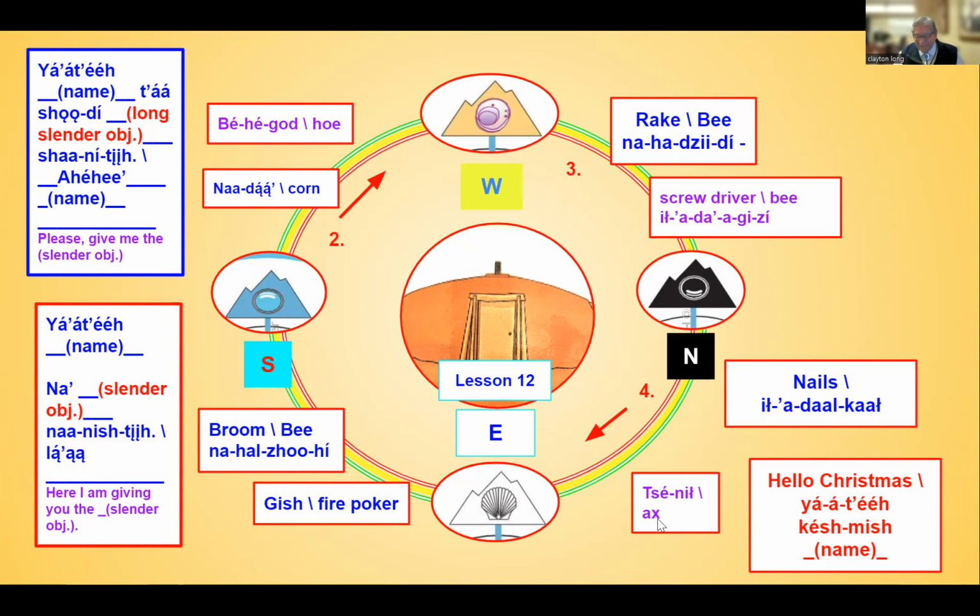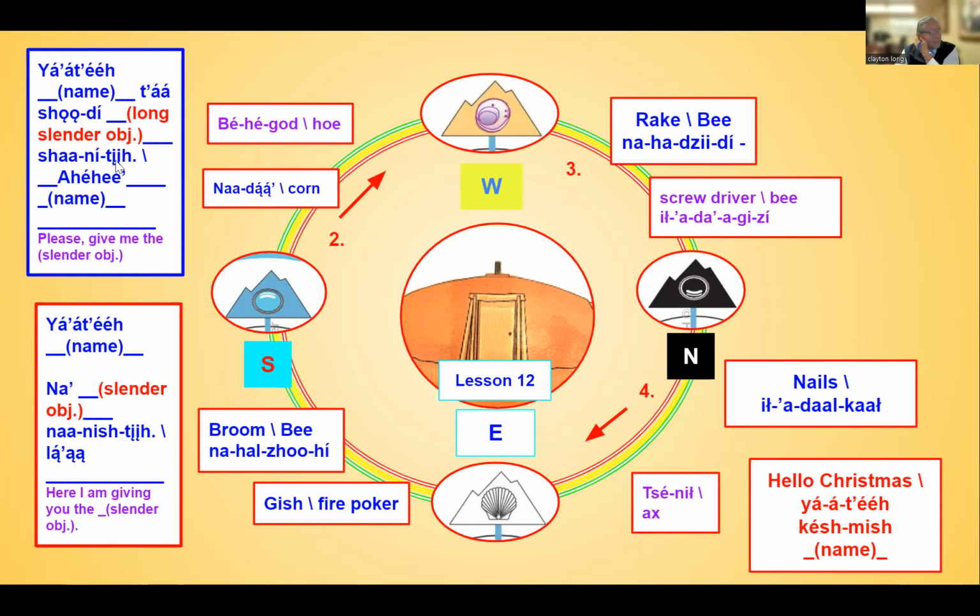Sehnish. All right. Okay, now that we've gone through that, just keep thinking sehnish. So two, four, six, eight words. All of them slender. All of them we use the word Shaanítįįh, right? So Max, ben hatzide Shaanítįįh.